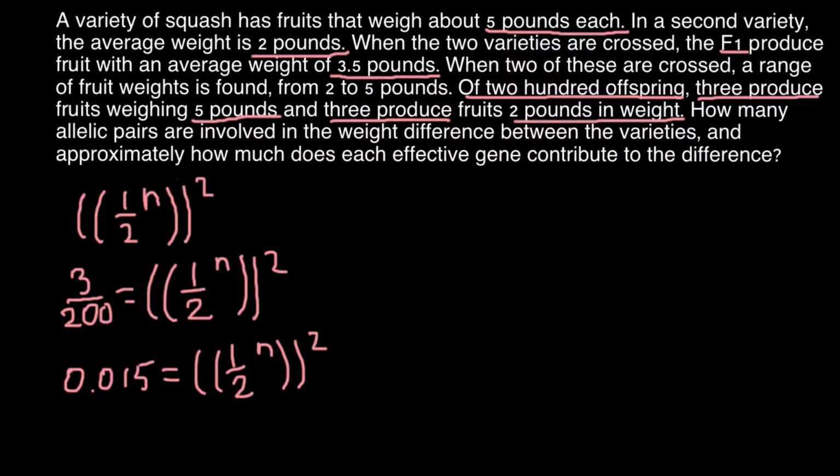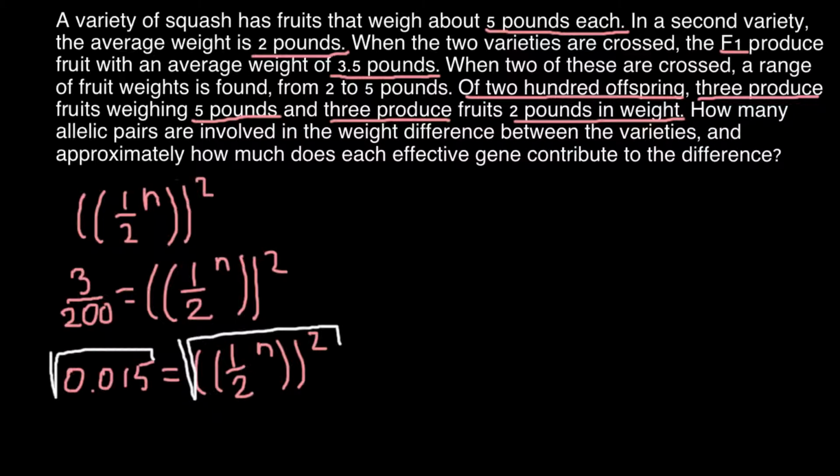So what we can do in the next step, we can take a square root of both sides. So we can take the square root here, and we can take the square root here to get rid of the power of 2 on the right side.